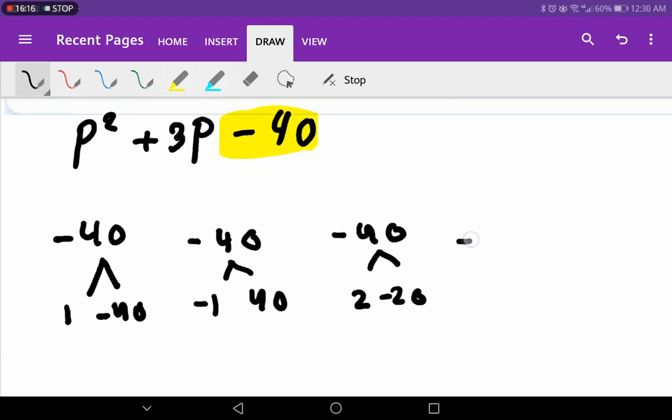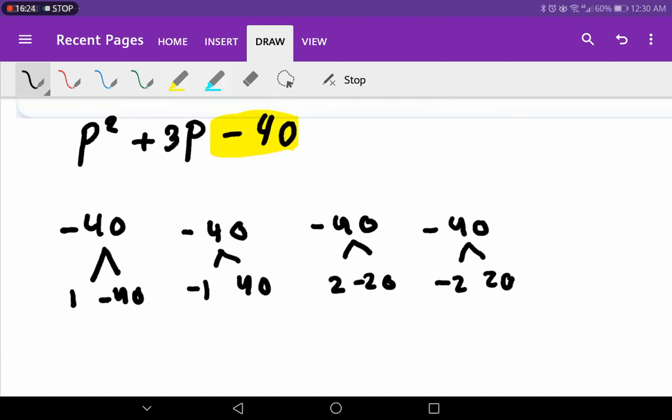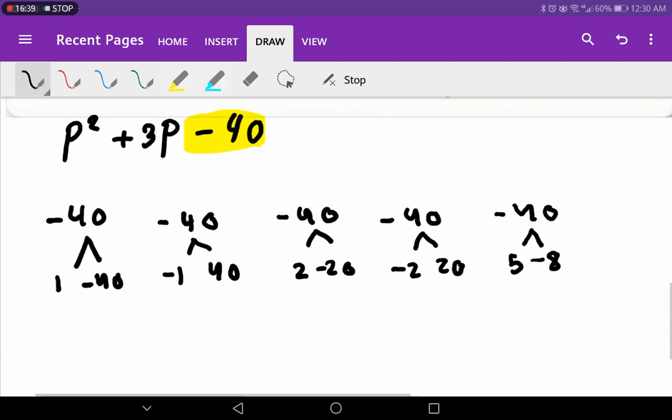The negative 40 comes from 5 multiplied by negative 8. Yes. And the negative 40 comes from negative 5 multiplied by 8. Okay.